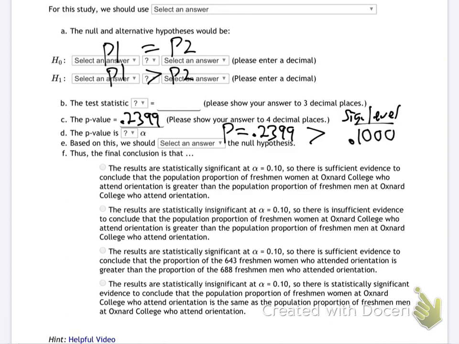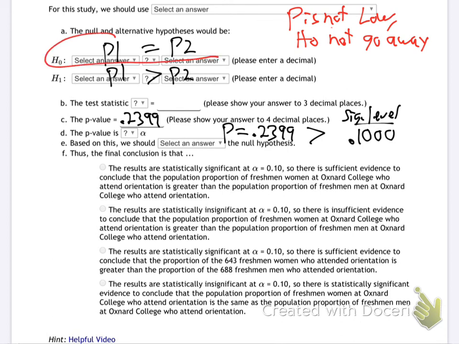So the p is not low, right? P is not low, so the H0 does not go away. That means I'm keeping the H0. And I forgot to write weak evidence. H0 is always weak evidence. So H0 does not go away. I fail to reject the H0.